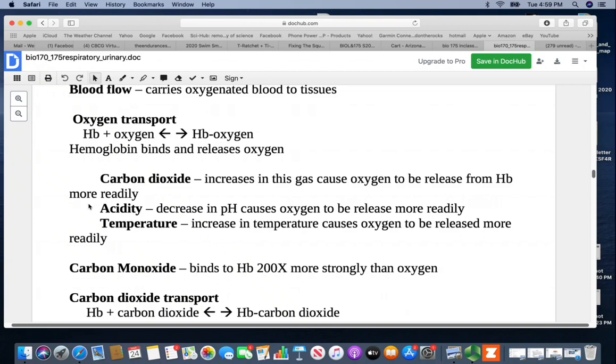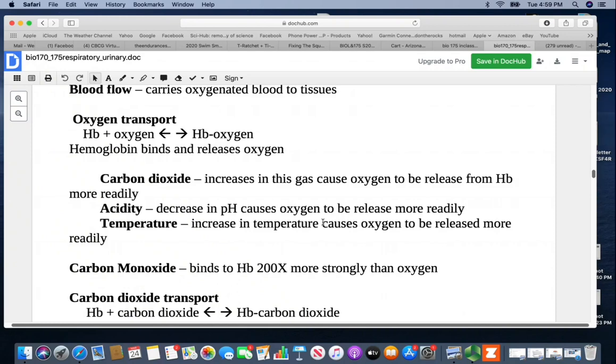Acidity will also affect this. As you decrease the pH, becoming more acidic, it's going to cause oxygen to be released more readily. The other thing that happens when you are using your muscles more is you can get to the point of producing lactic acid. That's going to decrease the pH, helping to get more oxygen into the muscles. And then temperature. As you increase the temperature, it will cause oxygen to be released more readily.